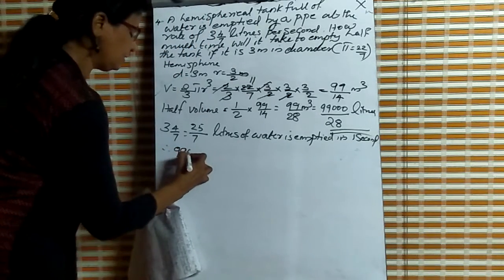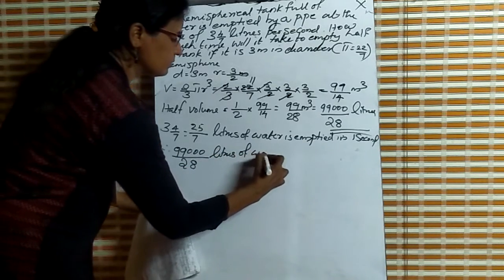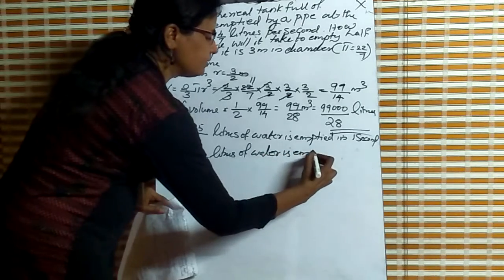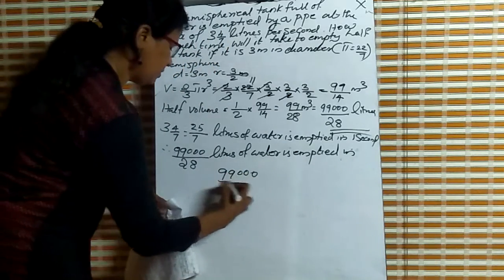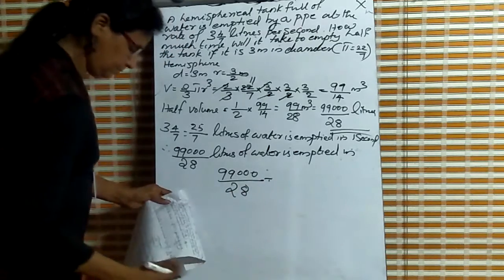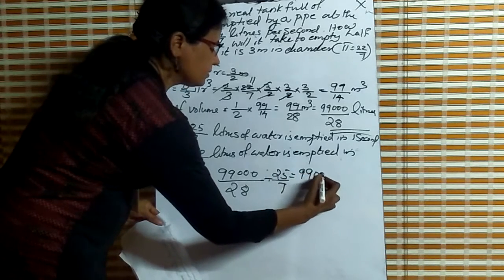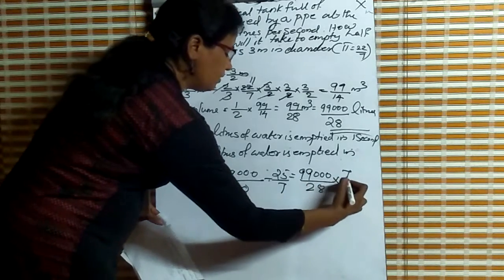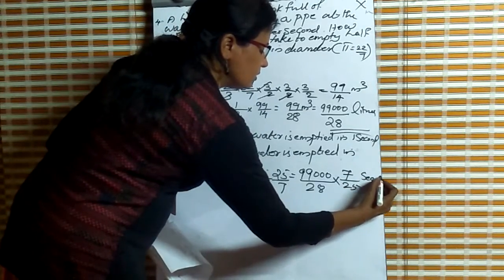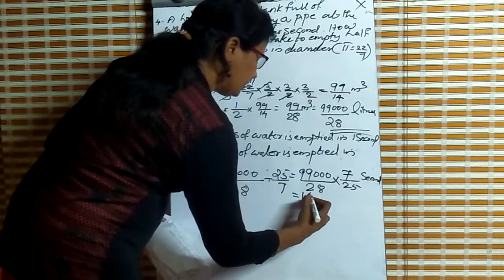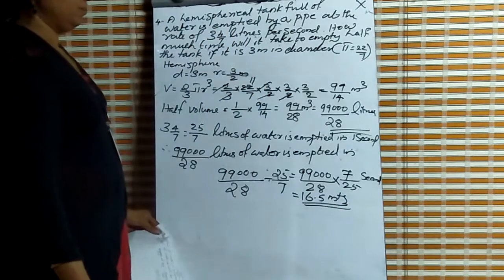Therefore, 99,000 by 28 liters of water is emptied in 99,000 by 28 divided by 4 by 7, which is 99,000 by 28 into 7 by 4 seconds.